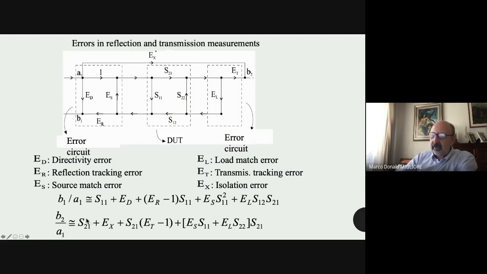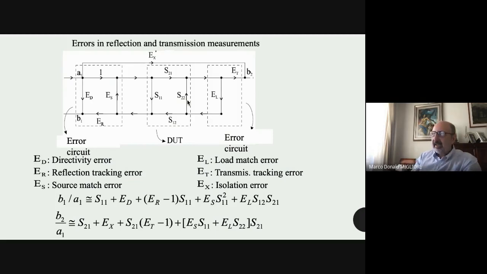The measured transmission coefficient is not only a function of S21. S21 is the transmission coefficient that we would like to know, but it is also a function of all these other quantities, and in particular the reflection coefficient of port 1 and the reflection coefficient of port 2. This means that when we measure reflection and transmission coefficients with a VNA, what we have is something quite complex.